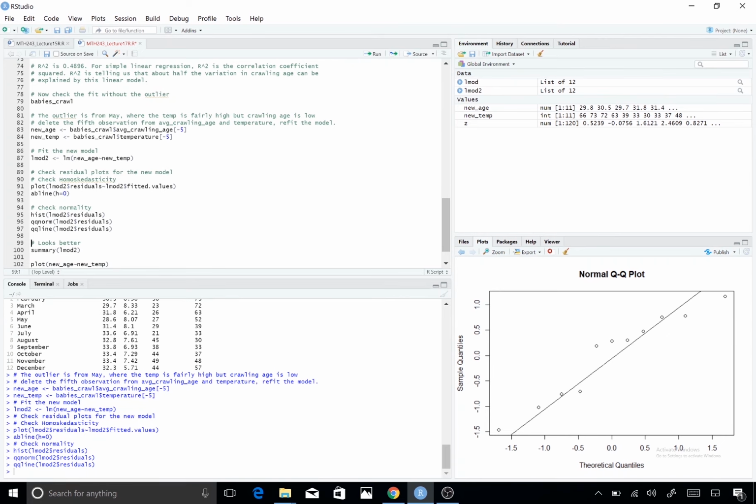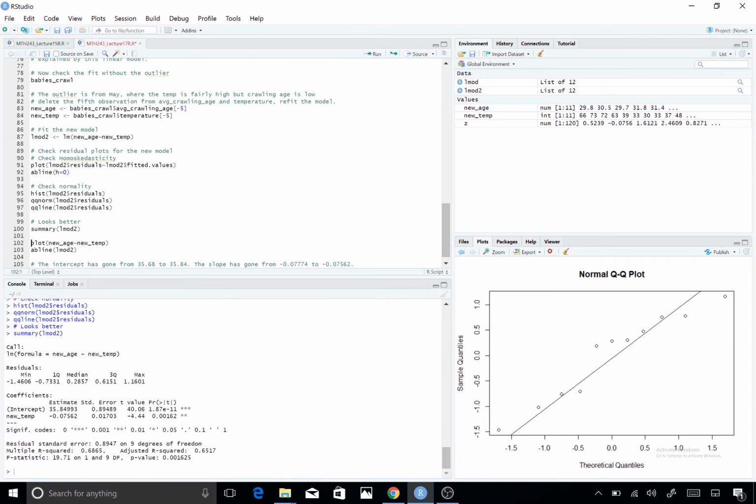If we look at the summary output, the intercept has gone from 35.68 to 35.84, and the slope went from negative 0.07774 to negative 0.07562.